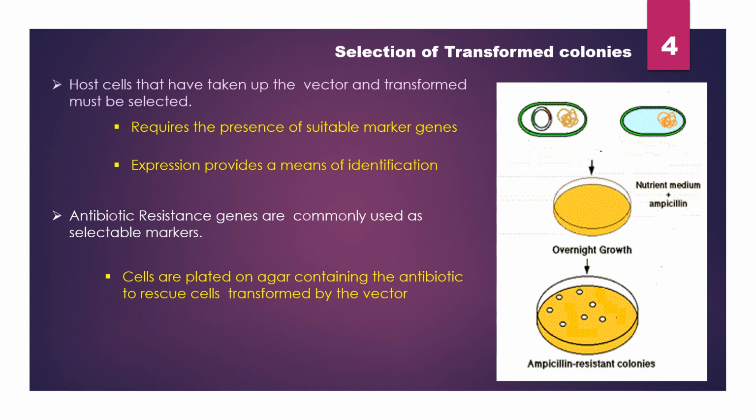Thus, the host cells which are transformed with the vector will grow in the antibiotic plate as they contain the antibiotic resistance gene and can be selected. Now, the clones that are transformed will be allowed to grow for gene multiplication and expression of proteins as per the requirement.